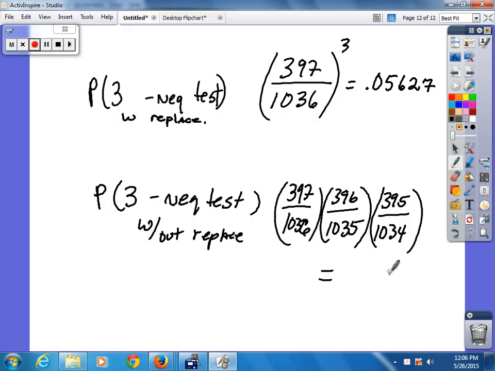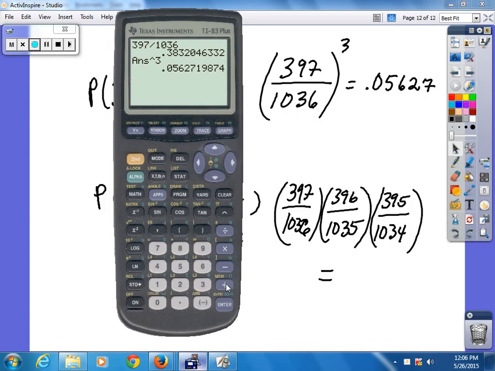So take your handy dandy calculator and we're going to clear it, and we're going to say 397 divided by 1036 times 396 divided by 1035 times 395 divided by 1034.